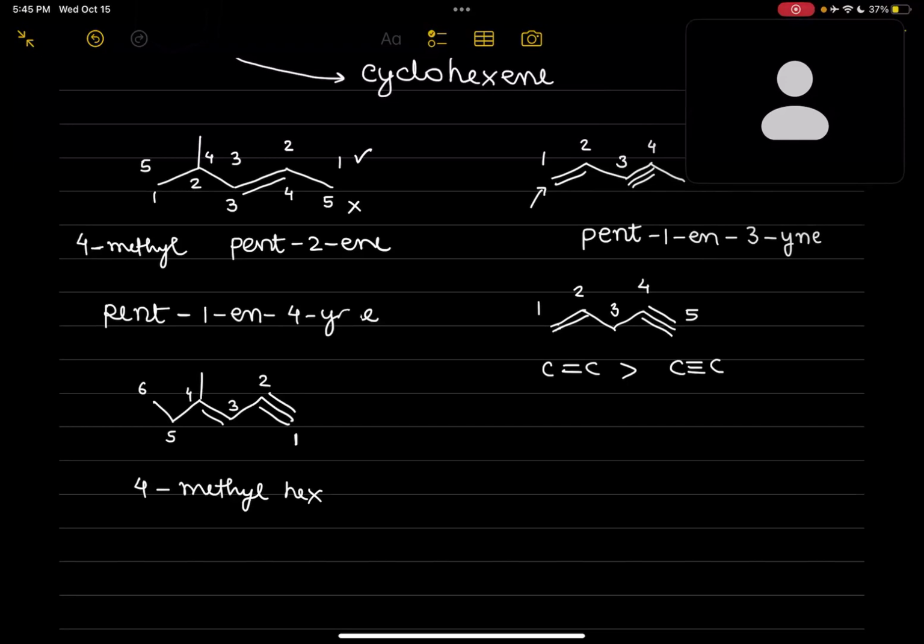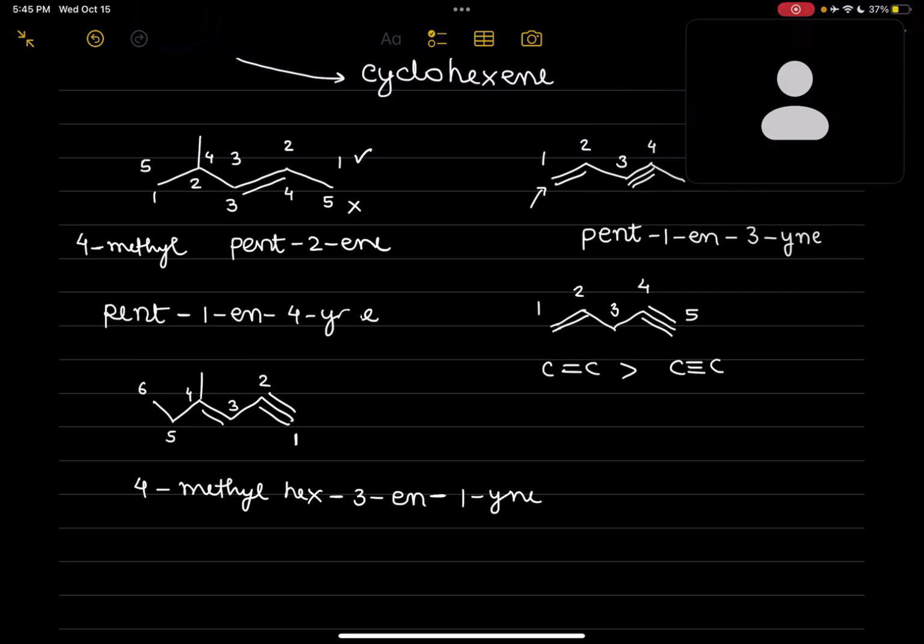What should I write now? One en, one yne. If both are present, en is written first and then yne is mentioned. So 4-methylhex-1-en-3-yne. Normally we write en, because yne, though it starts with y, sounds like a vowel, so you don't write two vowels together. You drop the e. Got it? Yes, sir.